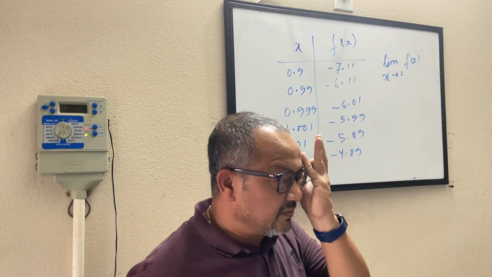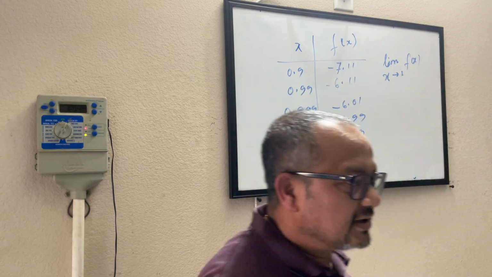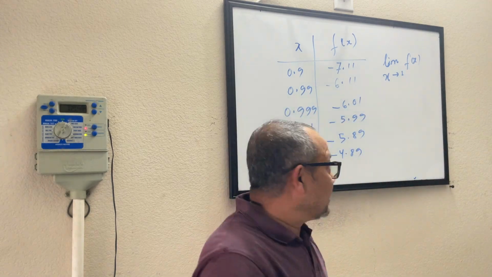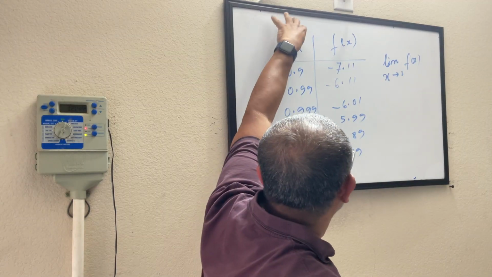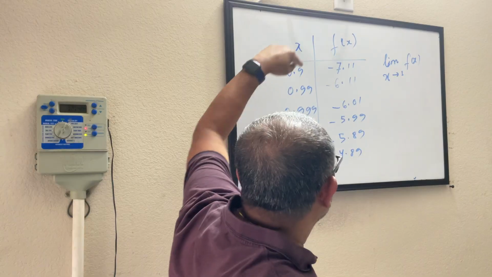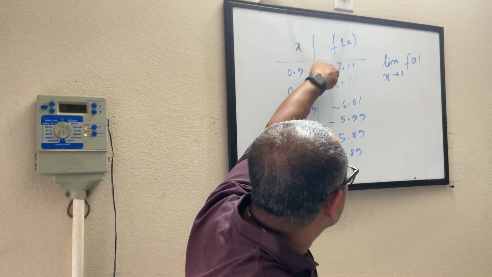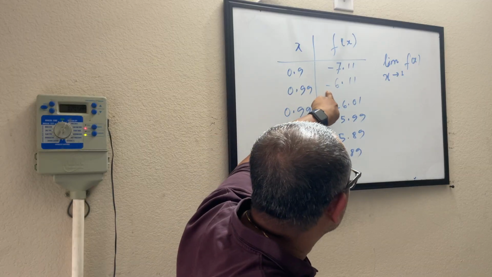So, whatever right or wrong concept I taught you, try recalling that and look at this question. What this question says is, you have the value of x and f(x) given, f(x) as in y. When x is 0.9, this is minus 7.11. When x is 0.99, it's minus 6.11.